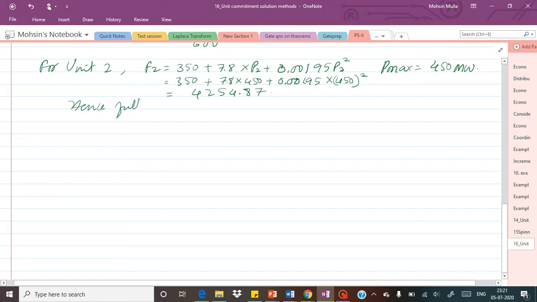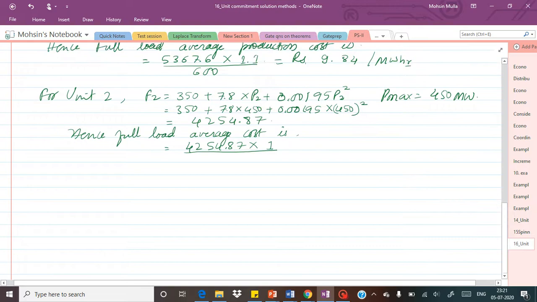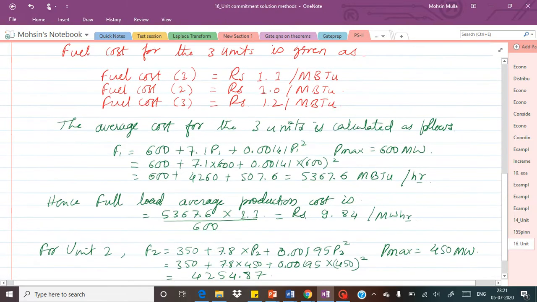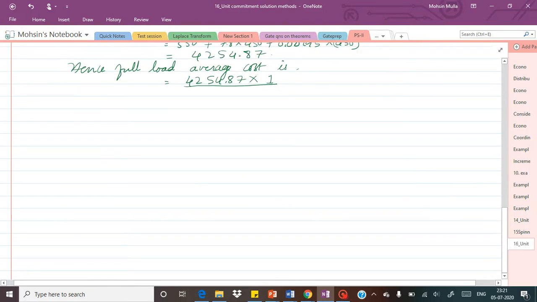Now considering the average cost here, hence the full load average cost is equal to 4254 into the cost, which is rupees 1 for the second unit, divided by the maximum megawatts generated, 450.